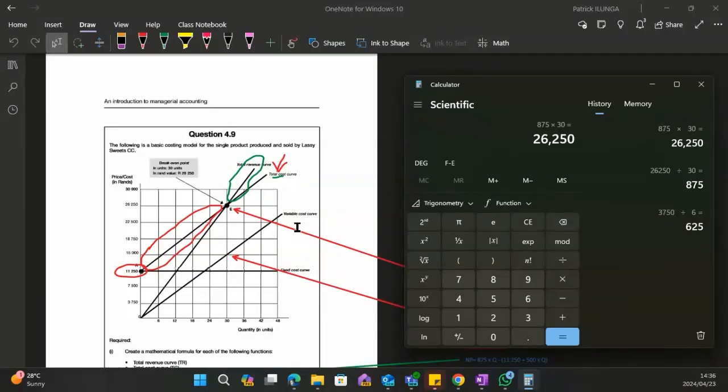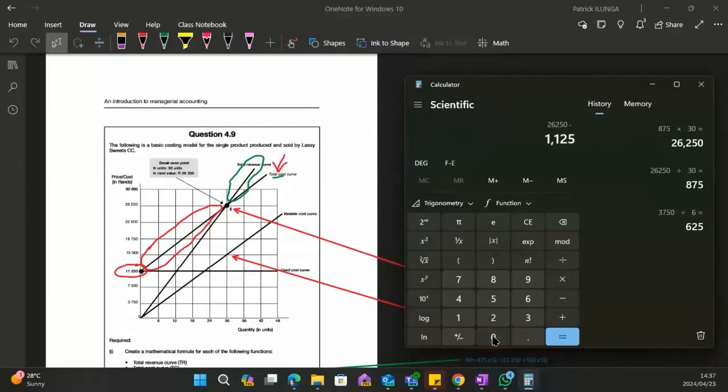So you can't find the variable cost by looking at the total cost curve. In order to find the actual variable cost per unit, how much they spend per unit to produce that product, I need to minus something. What is that thing that I need to minus? The fixed cost.